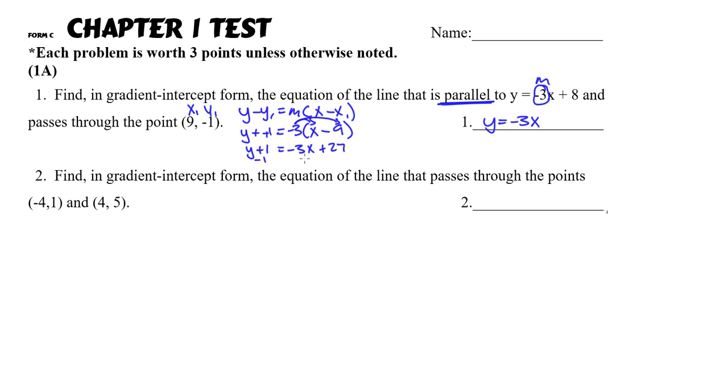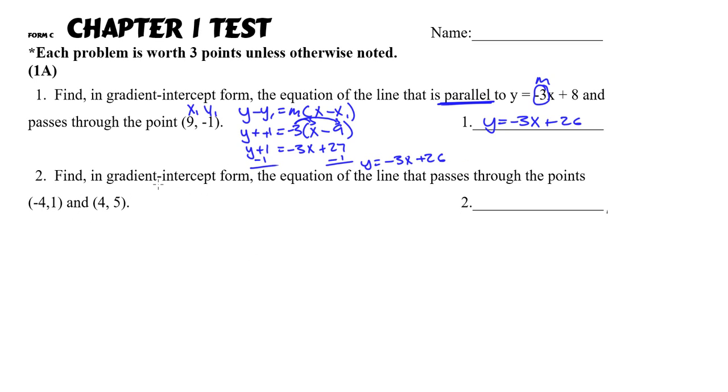And then last step, subtract 1 from both sides, and we get y equals negative 3x plus 26. Good? Again, there are no bad questions except for the ones you don't ask, so make sure you ask if you have one.